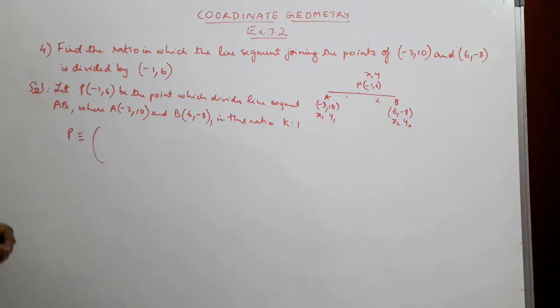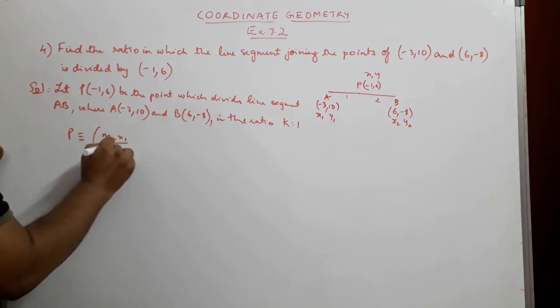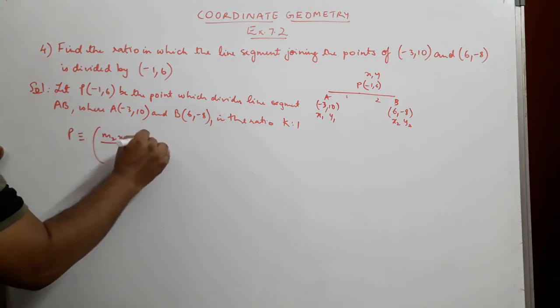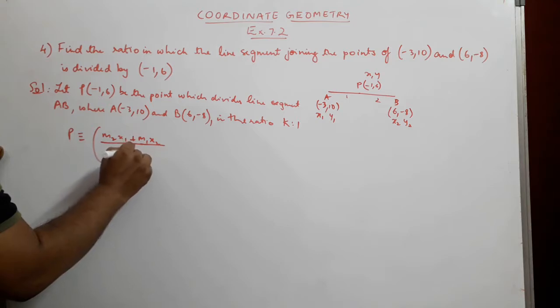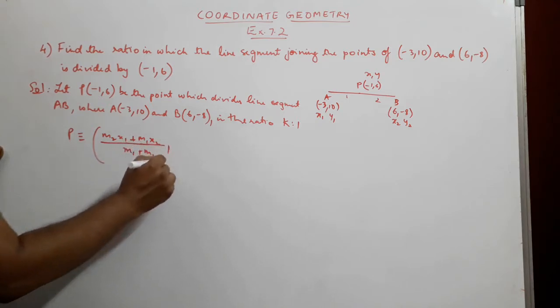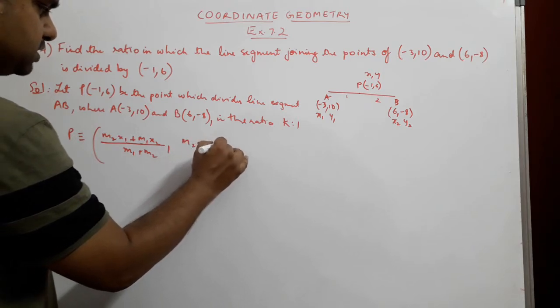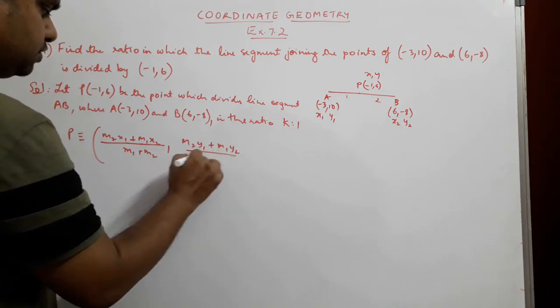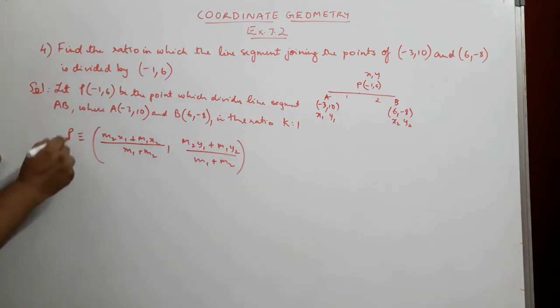That is (m2 x1 plus m1 x2) whole thing upon (m1 plus m2), comma, (m2 y1 plus m1 y2) whole thing upon (m1 plus m2), and the coordinates of P are given over here.